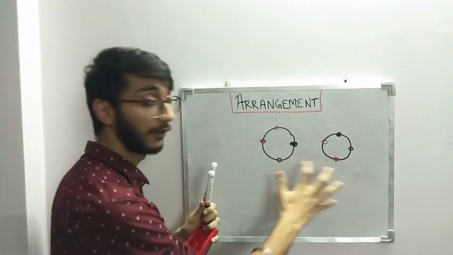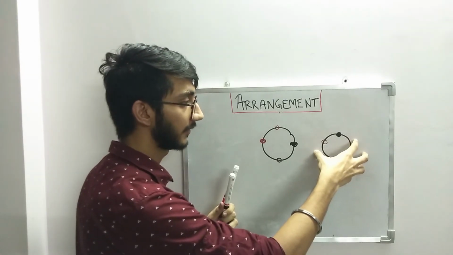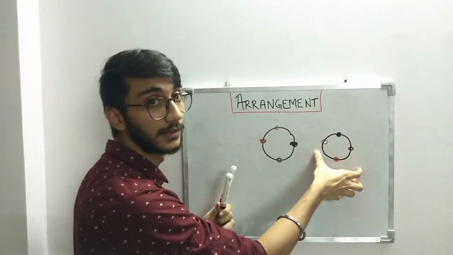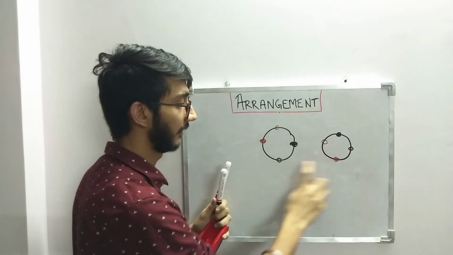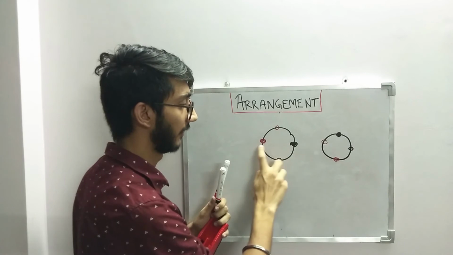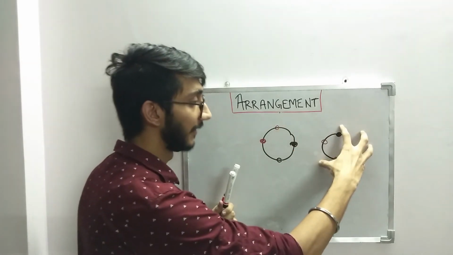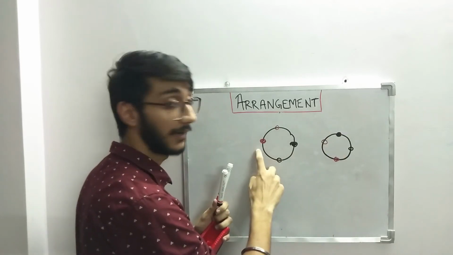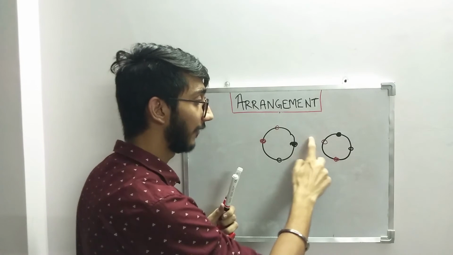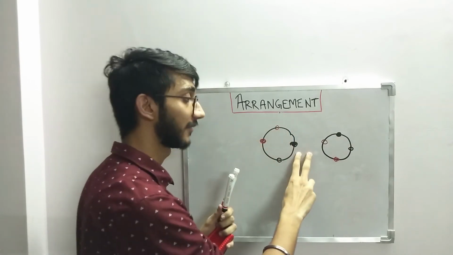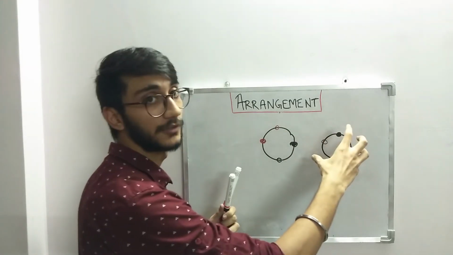Now if you observe it carefully, if I rotate this clockwise, this bead will come here, this will come here, this will come here, and this will come here. So that means this case is same as this case. So that means I will have 2 cases that are same, because this is the anti-clockwise version of this.